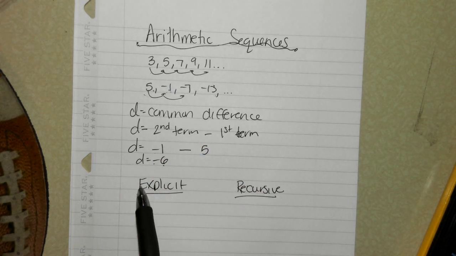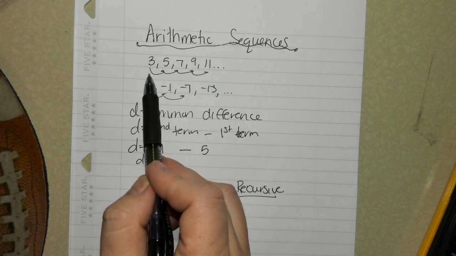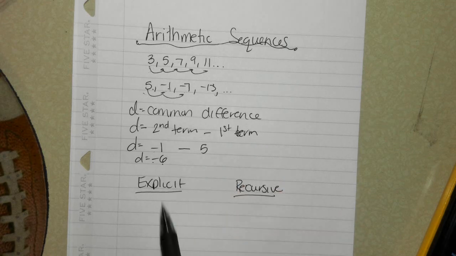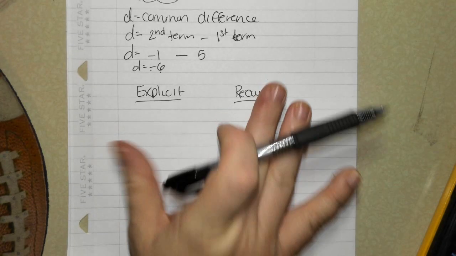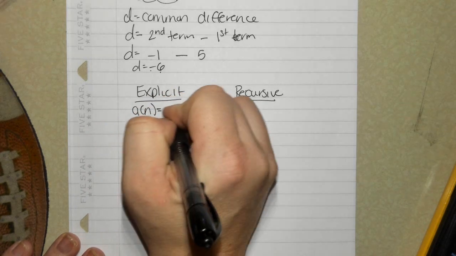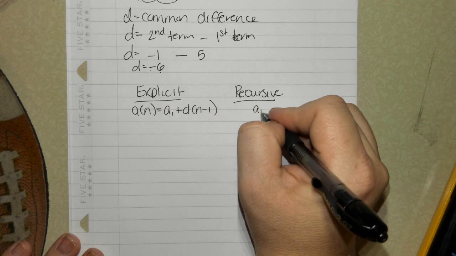So I could say, using either one of these formulas, what is the value of the 15th term? And so I'd go over 15, and I'd figure out what is that value using either one of the formulas. Here's the general formula for explicit. Here's the general formula for recursive.